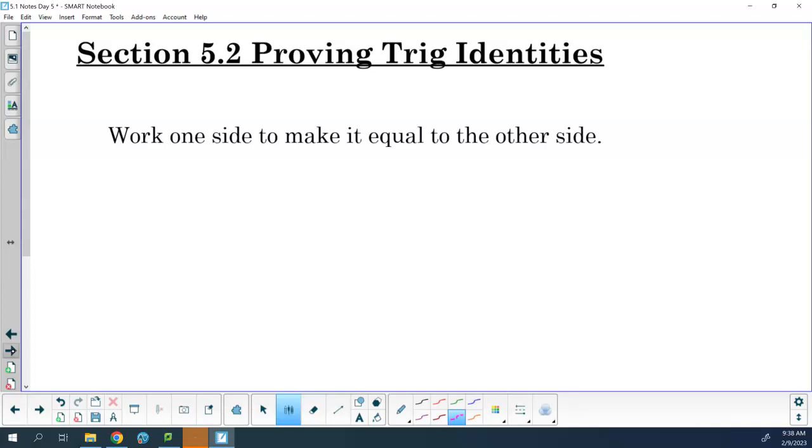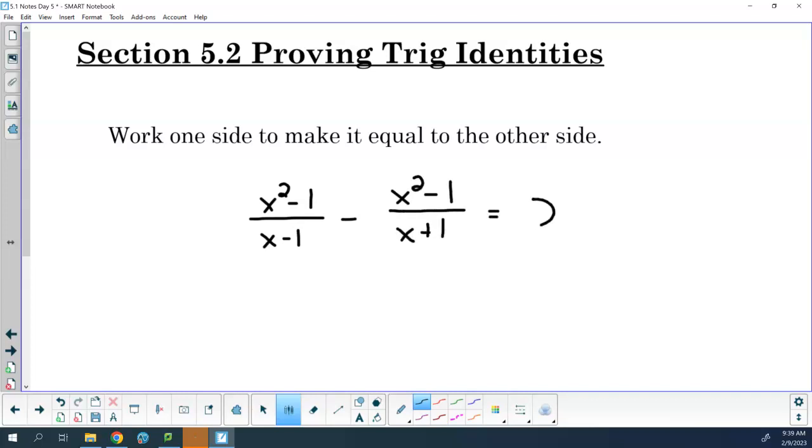So for instance, on the note sheet that I just handed out, in the algebraic example, x squared minus 1 over x minus 1 minus x squared minus 1 over x plus 1 equals 2, I can only look at one side.